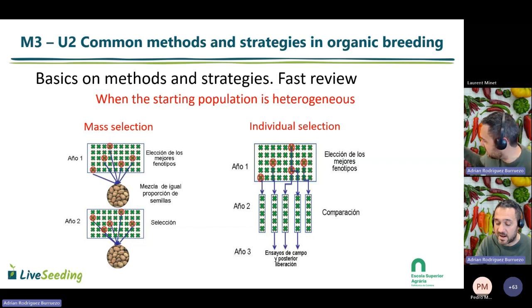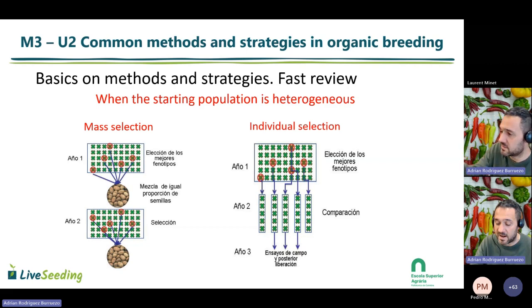This one, this one, this one, this one, this one. I label them and I wait for them to reproduce and get the seeds. I can leave all the plants in the field. Or maybe if I want to prevent strictly cross-pollination, I can remove the other plants which have not been selected, and just leave the ones selected. It depends on how strict you are in your breeding process.